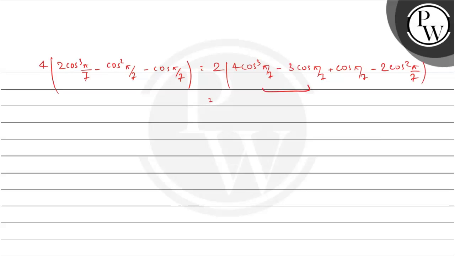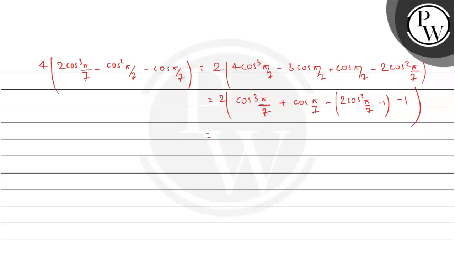The first two terms over here will give me cos of 3 pi by 7. This is cos of 3 pi upon 7 plus cos of pi upon 7, and the last term is minus 2 cos square pi by 7. I'll rewrite this as minus of 2 times cos square of pi by 7 minus 1, minus 1.